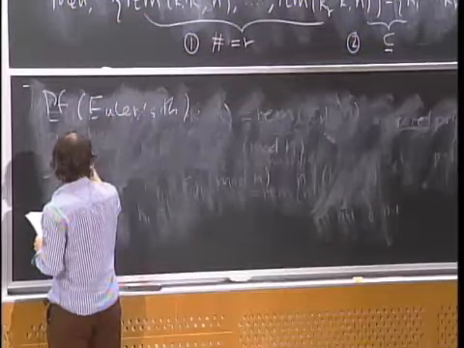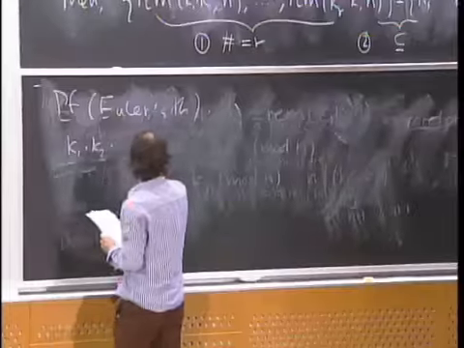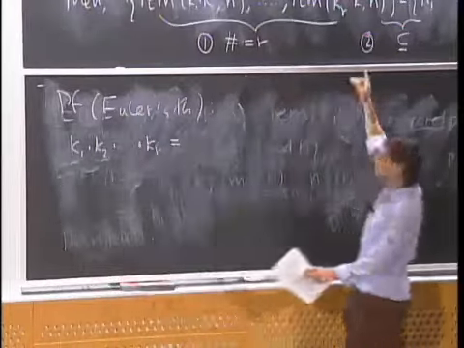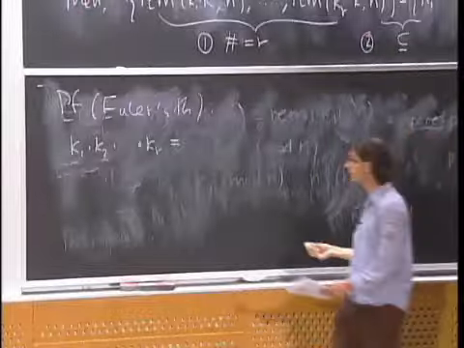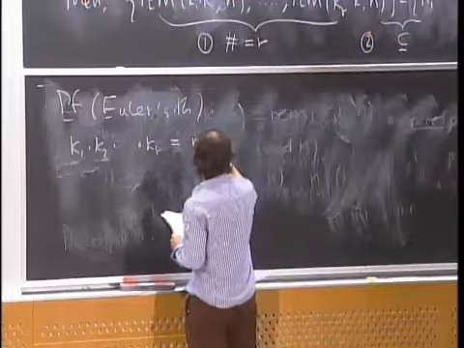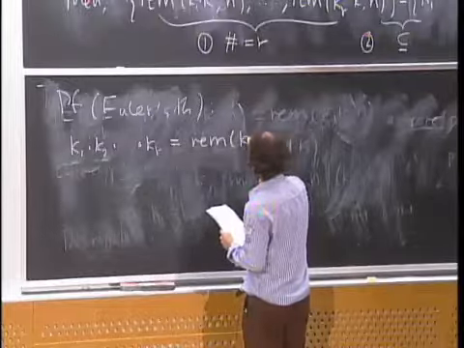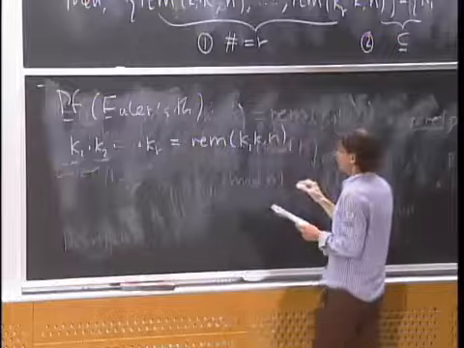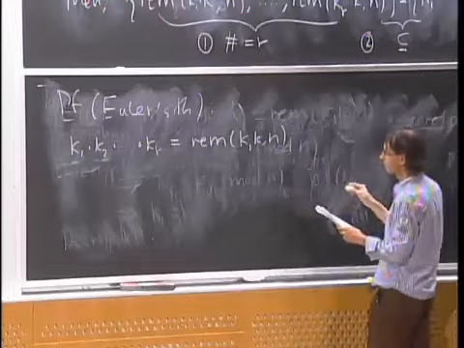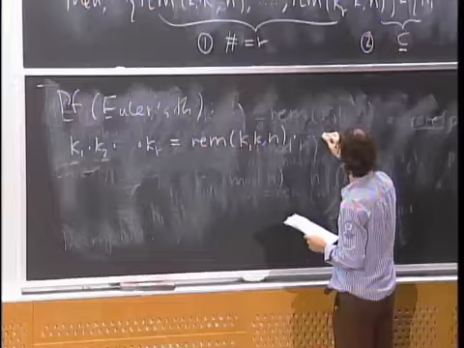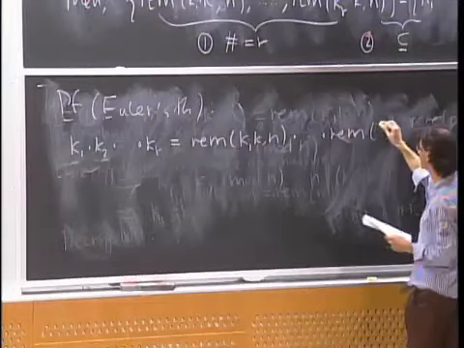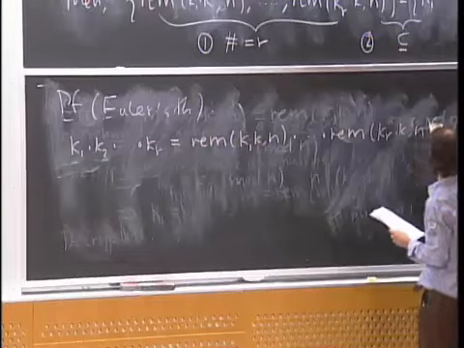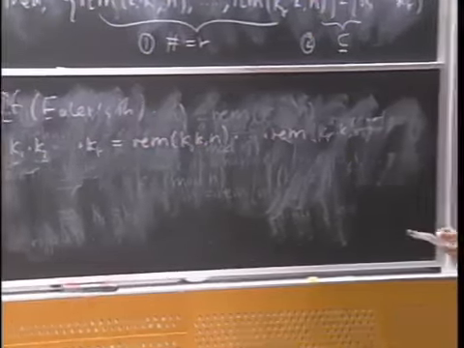So we take k1 times k2 all the way times kr. And we know, because those two sets are actually the same, that this is equal to the first remainder, of k1 times k after dividing out as many multiples of n, and we go all the way up to the final one, the remainder of kr times k, dividing out as many multiples of n.